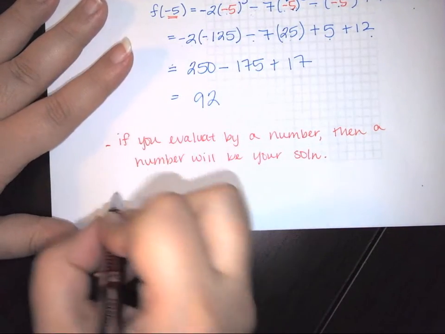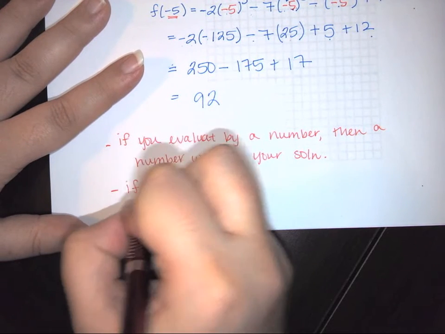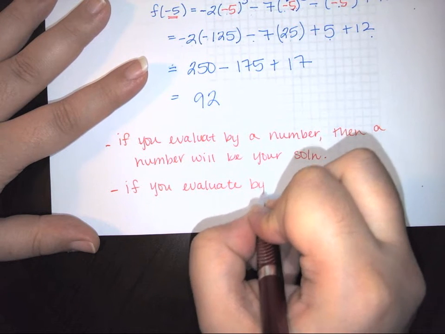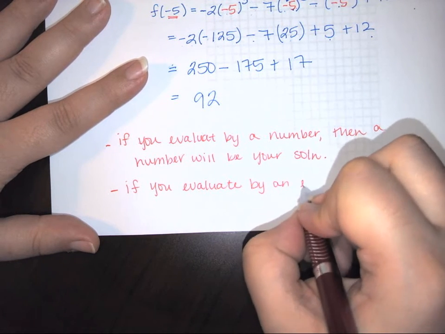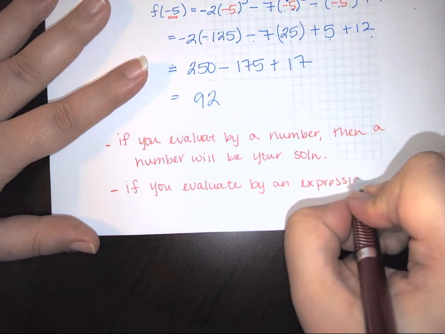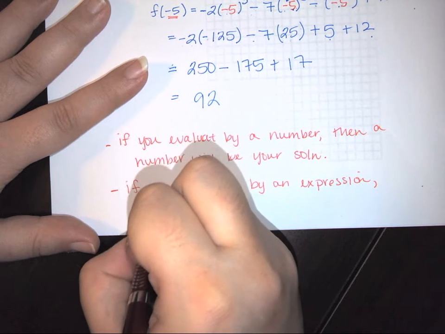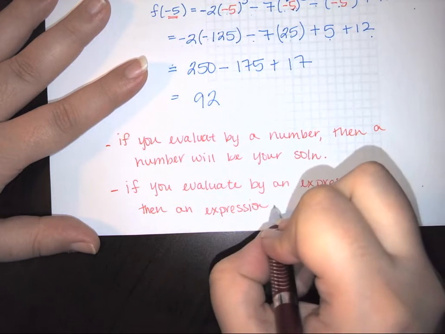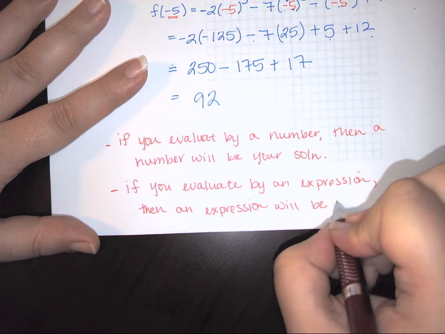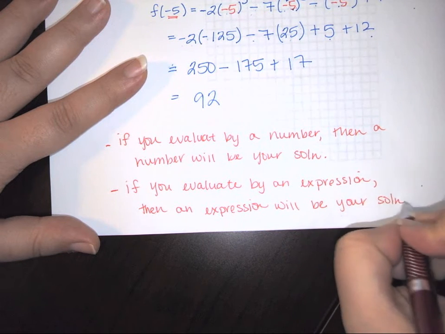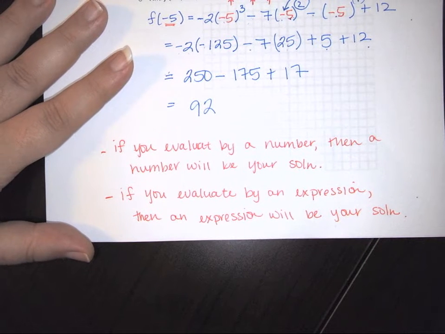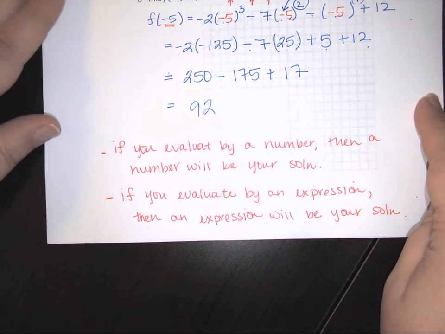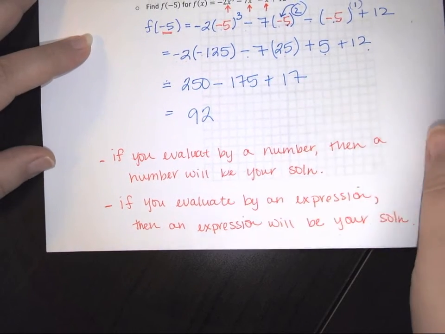On the flip side, that means that if you evaluate by an expression, then an expression will be your solution. So the type of evaluation that you do is going to dictate the type of solution that you end up getting. Now, this is just one such way that we can set up an evaluation.